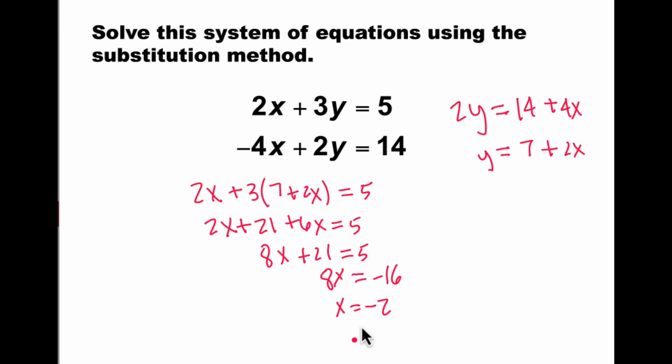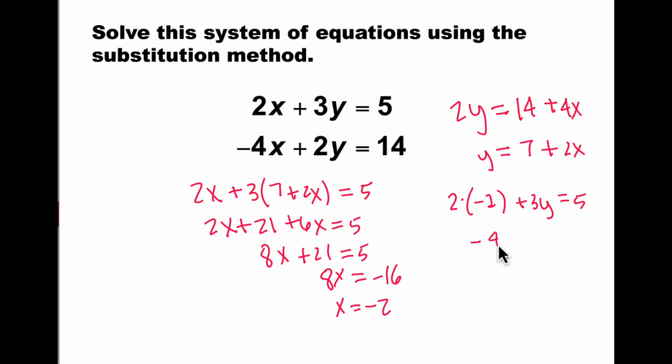We take this value of x equals negative 2 and plug it into one of the equations to solve for y. So we get 2 times negative 2 plus 3y equals 5.